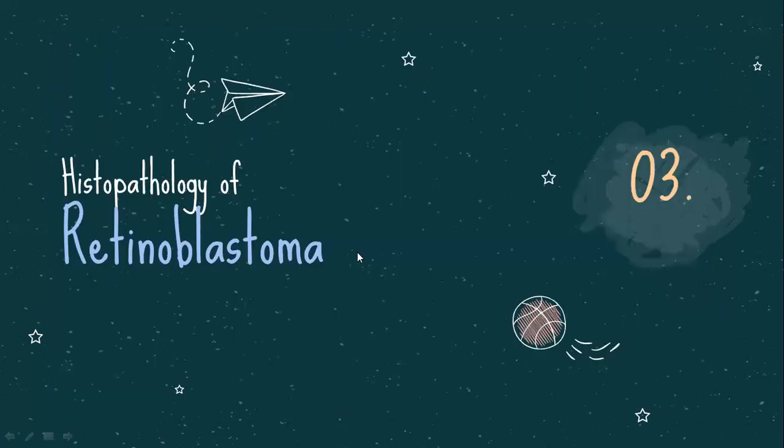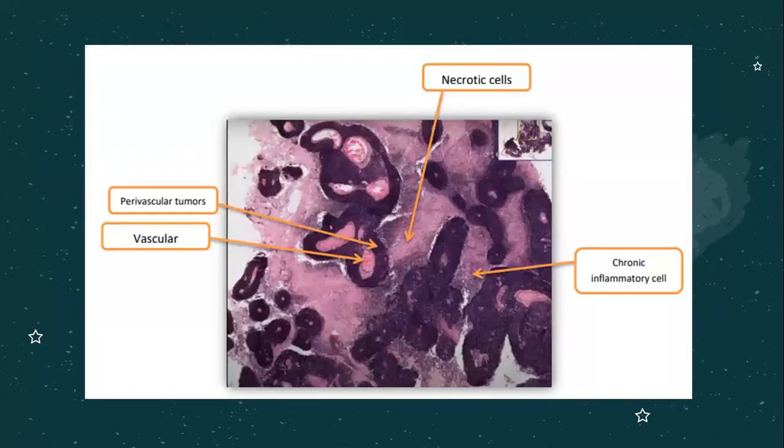Okay, next case is histopathology of retinoblastoma. Okay, guys, you can see this is necrotic cells with the pink pigment or pink colors. There are so many pink colors. And then this is chronic inflammation with dark purple.